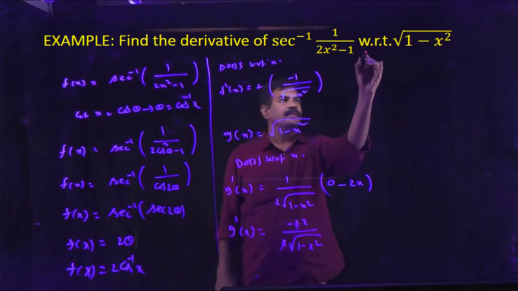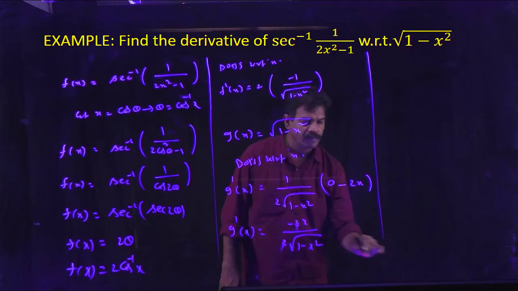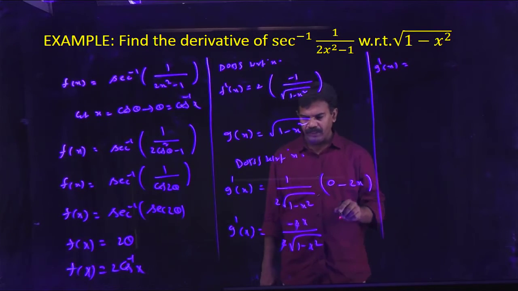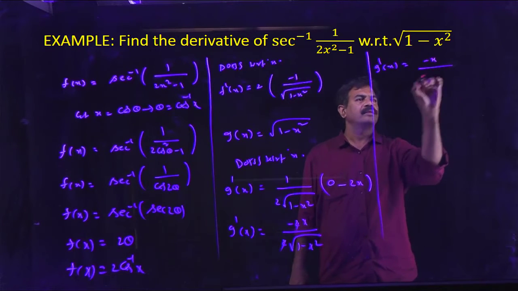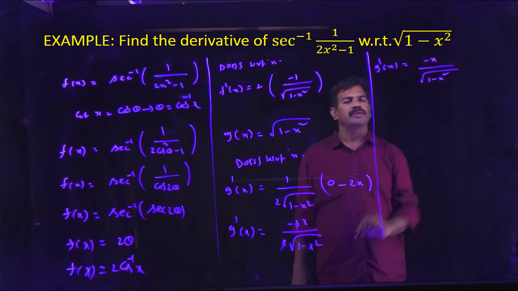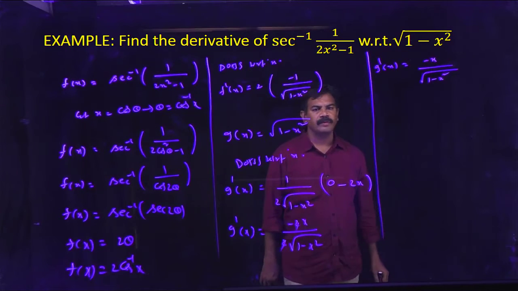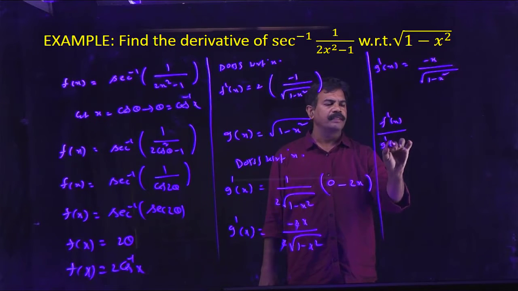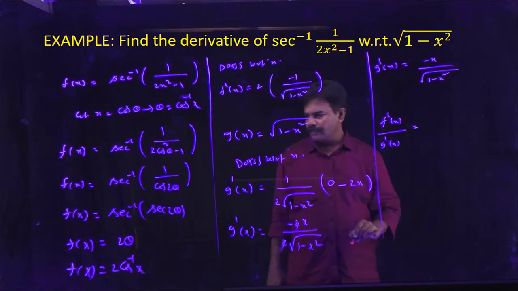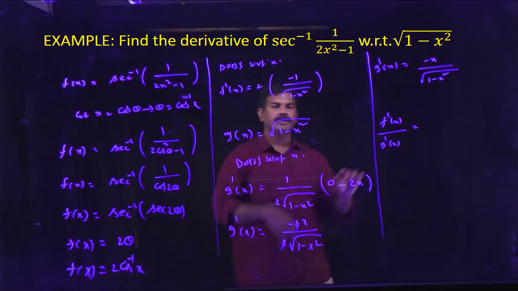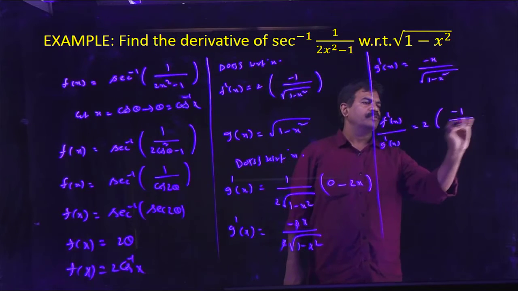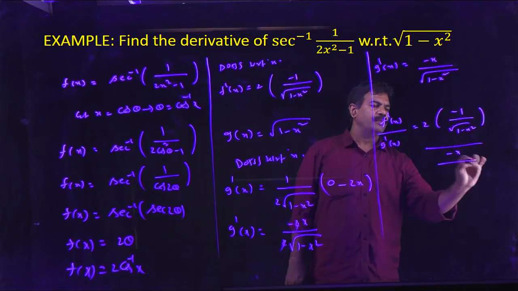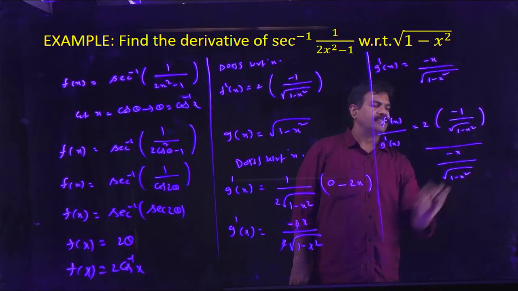So g dash x is equal to minus x by root of 1 minus x square. So now we take f dash x by g dash x. It is f dash x already, it is 2 into minus 1 by root of 1 minus x square, by minus x by root of 1 minus x square.